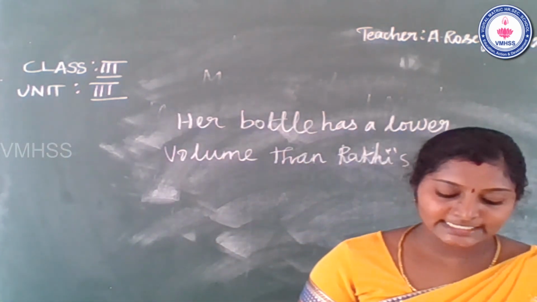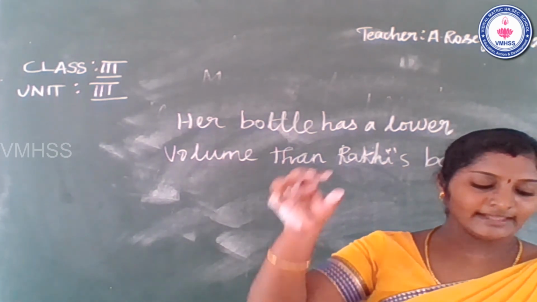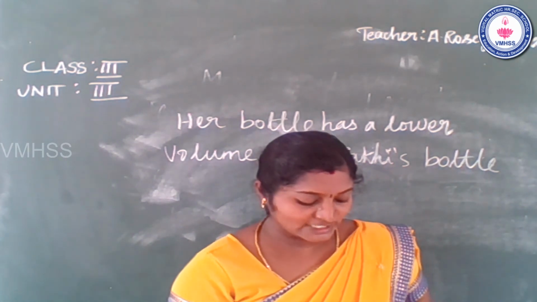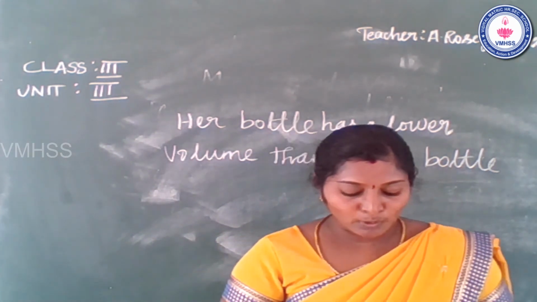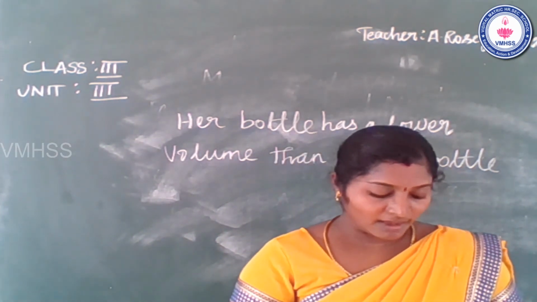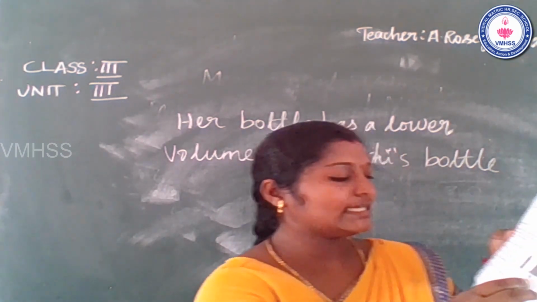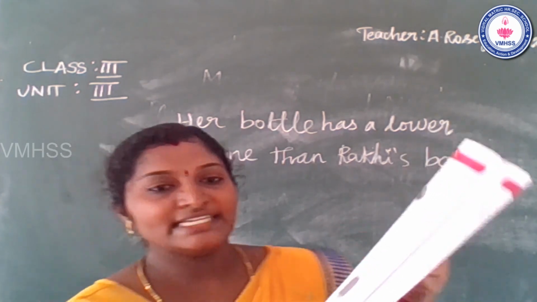Next, whose bottle has the maximum volume, Rocky or Rima? A is Rocky's and B is Rima's bottle, so B is the correct answer.